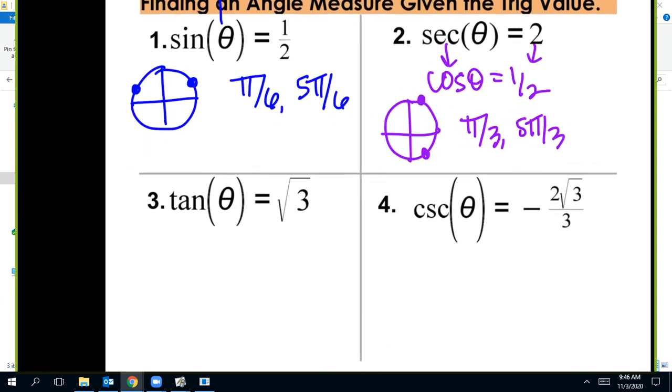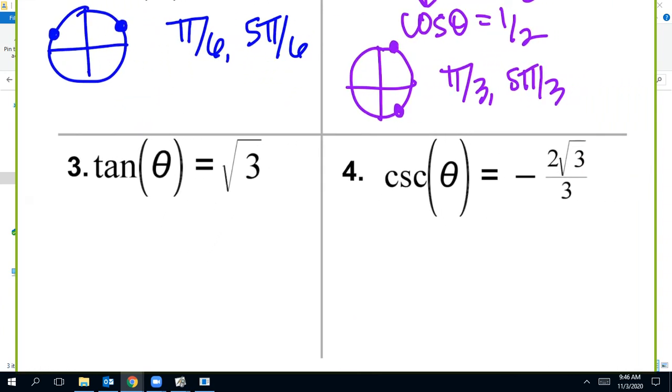Now this tan is a little tricky, so what we want to do is just think about how we got here. If you look, it is rationalized, and so that means that the square root 3 was on the top, and the 1/2 was on the bottom to get us that.